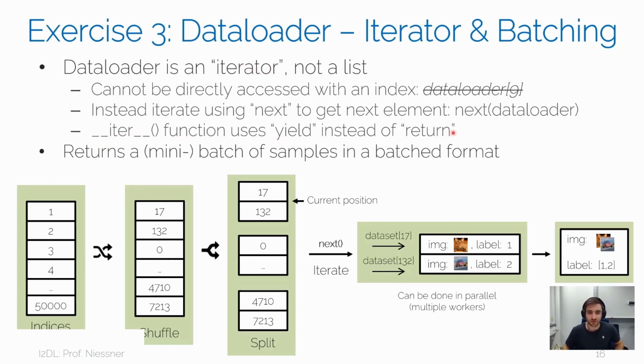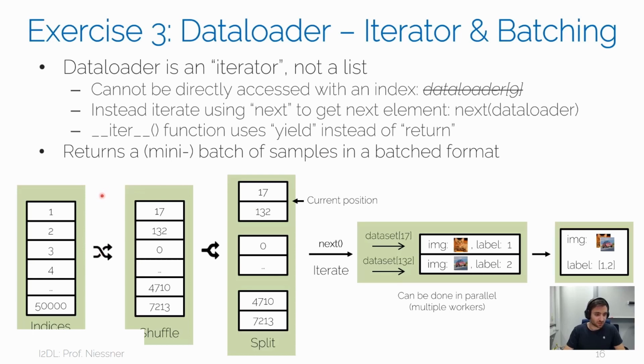You're going to see this if you go through the notebook and the code, but just to give you a heads up that the iter function uses this yield command. And what you want to get from the data loader is a mini batch in a batched format.